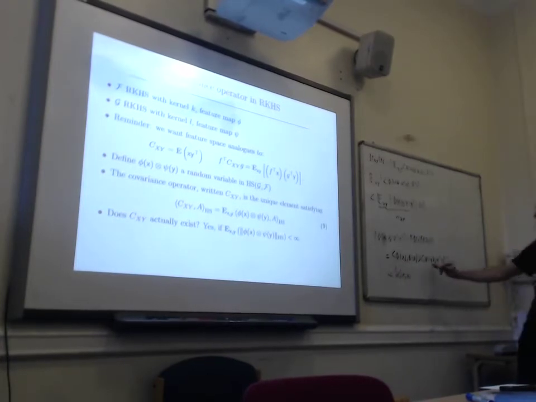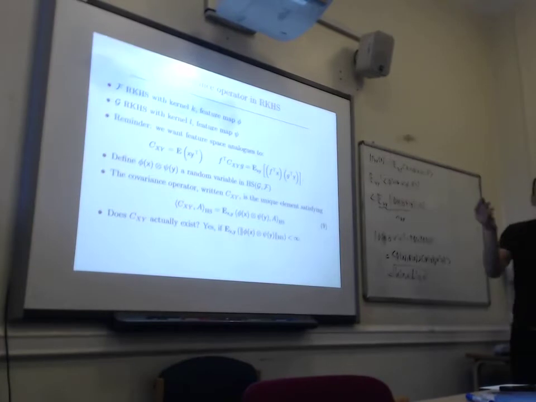And then let's call the kernel of Y, Y. So I have different kernels, kernel YY. Okay? And you need square roots. Yep. So basically, if the expected square root of the product of the kernels is bounded, then my Cxy exists.